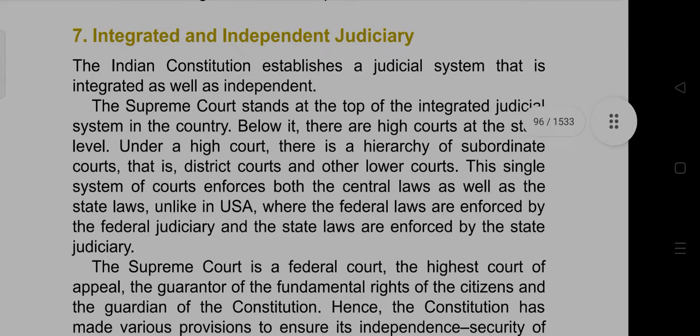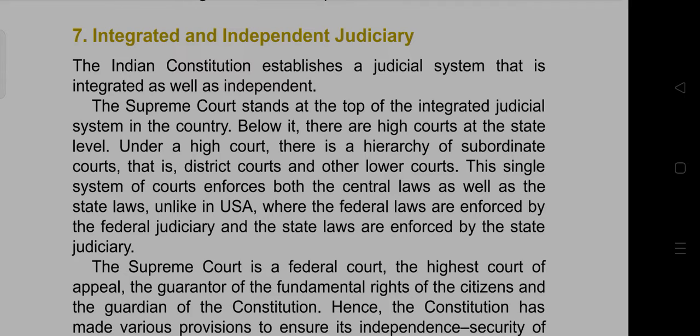Seventh, integrated and independent judiciary. The Indian Constitution establishes a judicial system that is integrated as well as independent. The Supreme Court stands at the top of the integrated judicial system in the country. Below it, there are high courts at the state level. Under a high court, there is a hierarchy of subordinate courts, that is district courts and other lower courts.